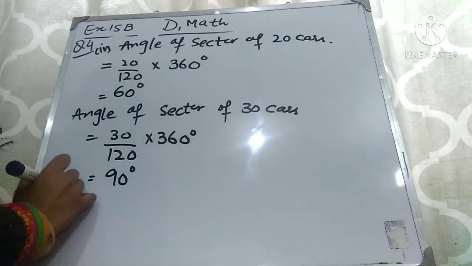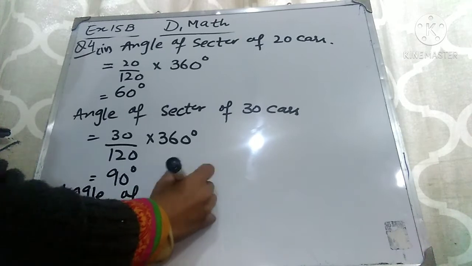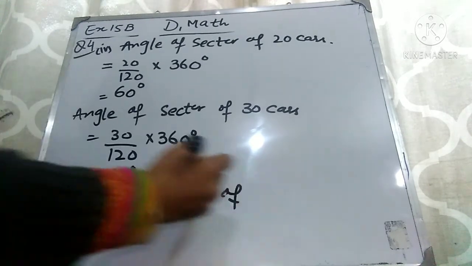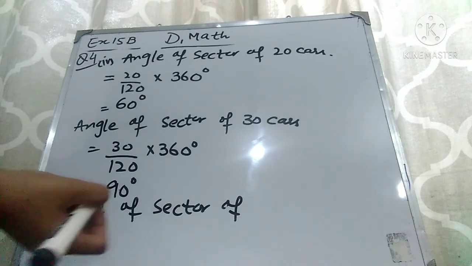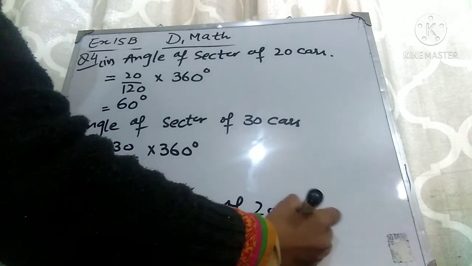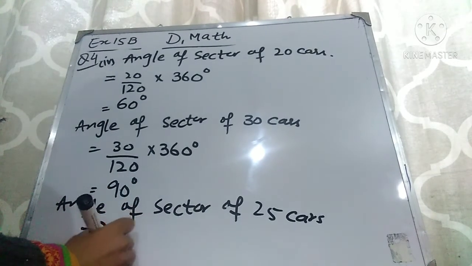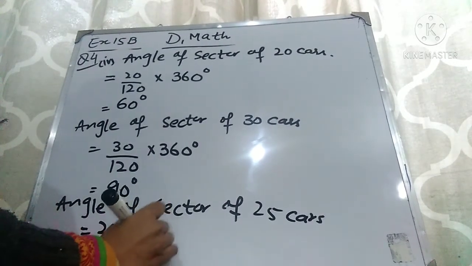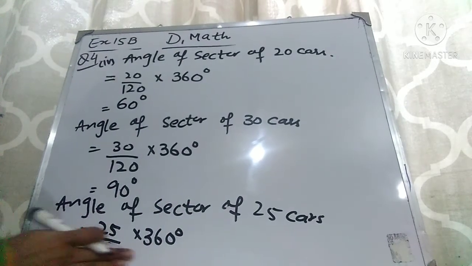In the same way, you will find out the angle of sector of the last car. Angle of sector of 25 cars. So you will divide 25 by the total number of cars, which is 120.